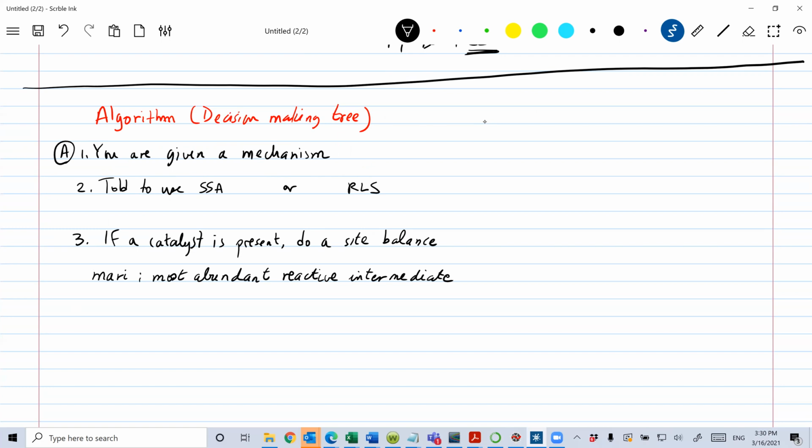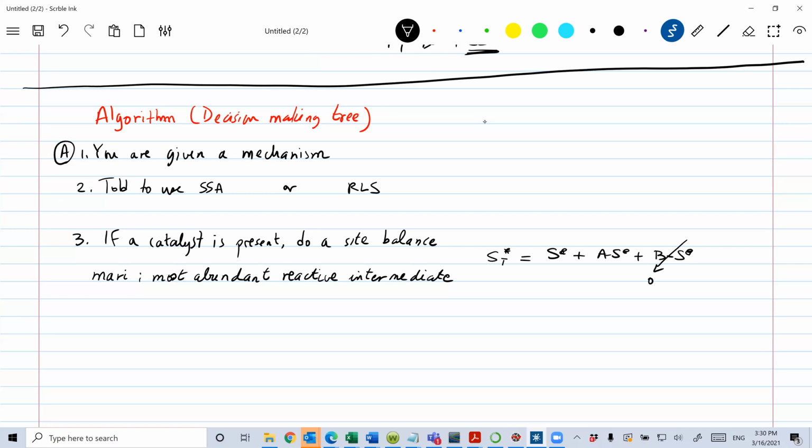What that helps you do has nothing to do with which reaction is rate limiting. What this tells you is that in your site balance, S star, S total, you have 3 sites, of course. Let's say you had this sort of thing, and you're told that AS is the most abundant reactive intermediate. That means this is BS, and this is 0.